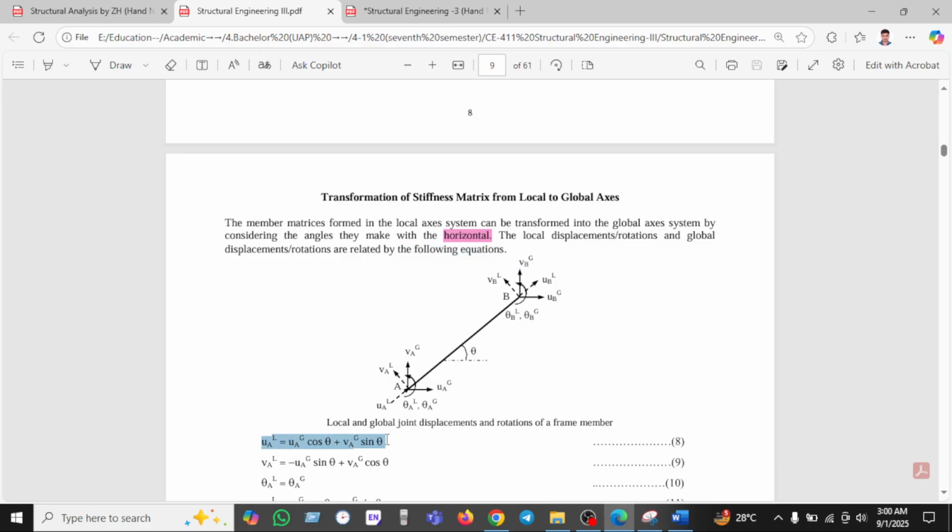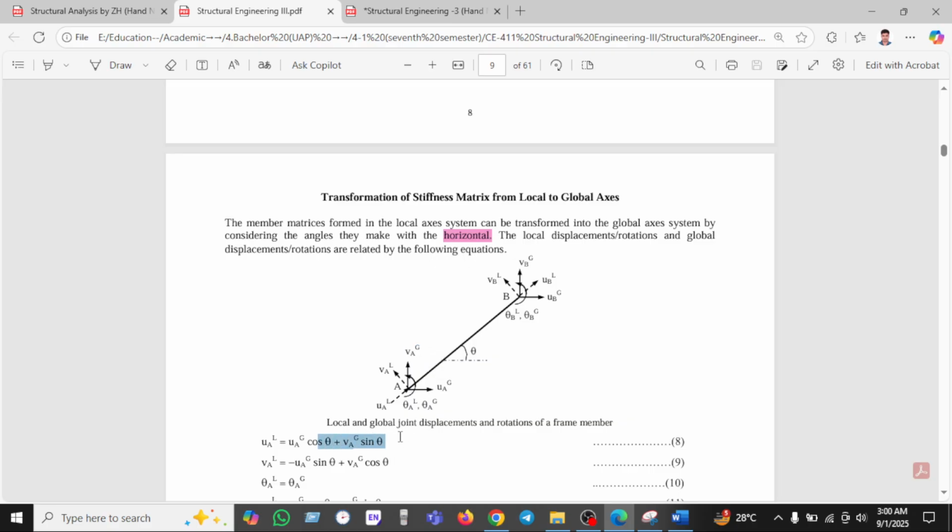We can see the equation: UA equals UAG cos theta, where G means global, plus VAG sin theta.